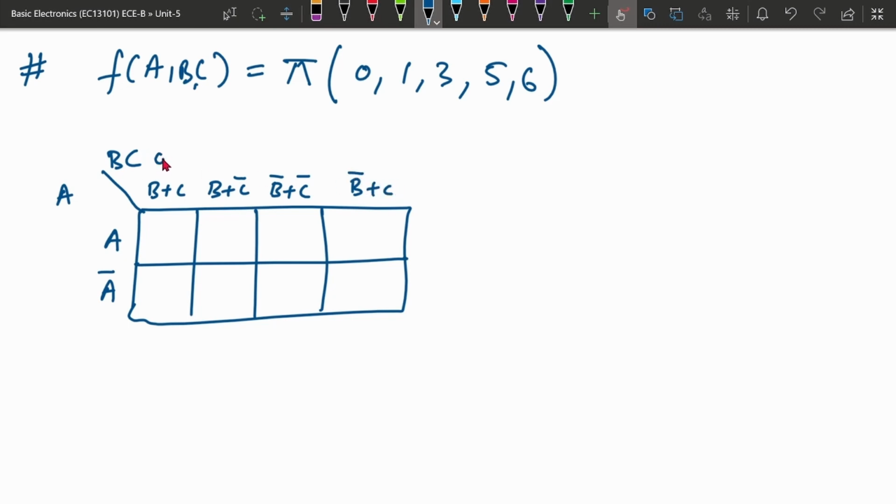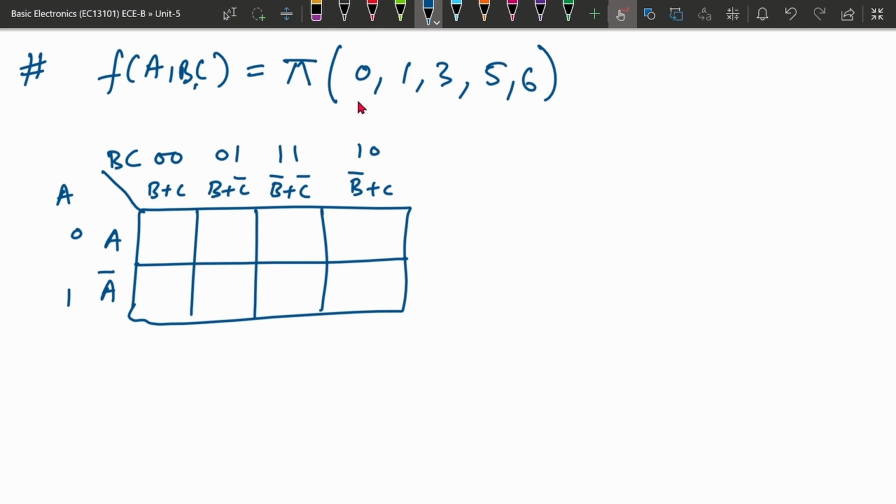So it is going to explain 0 0, 0 1, 1 1, 1 0. So 0 means A, 1 means A bar. We have already seen this in case of product of sum terms. So here 0 will be indicating A and 1 will be indicating A bar. Okay, so this is how we have written the K map.